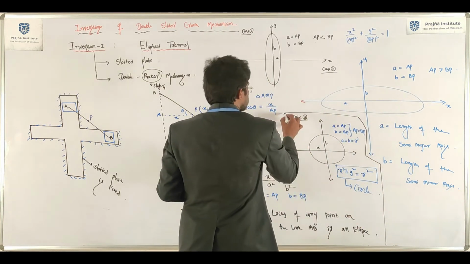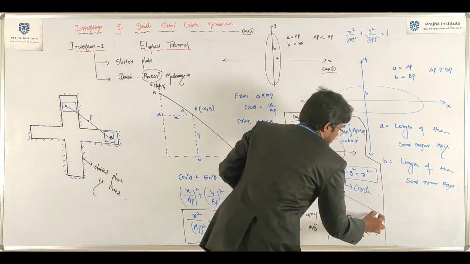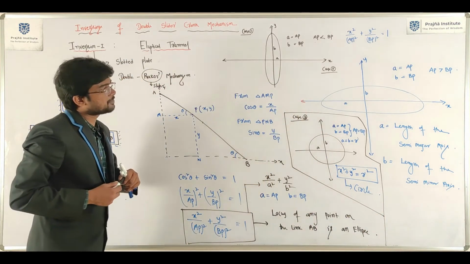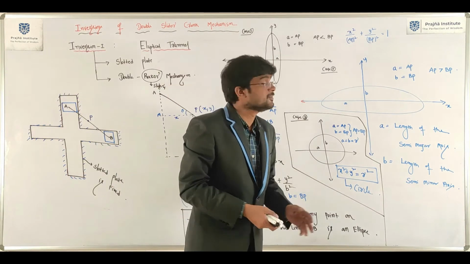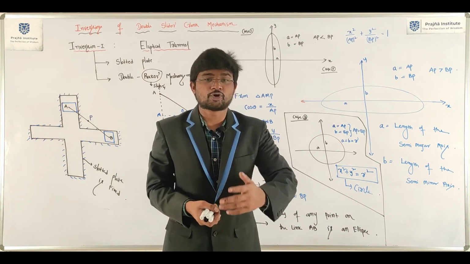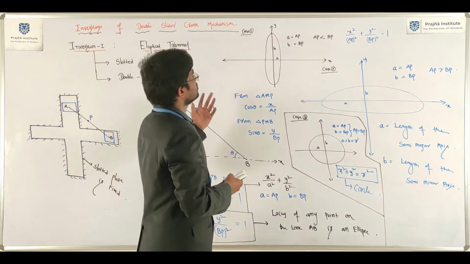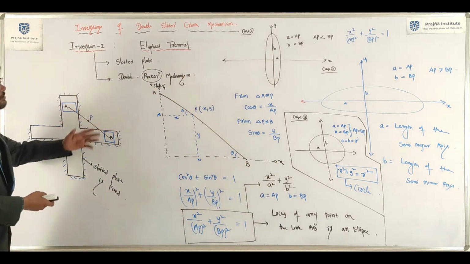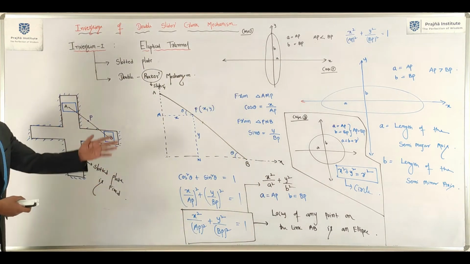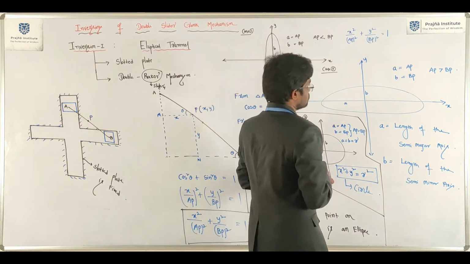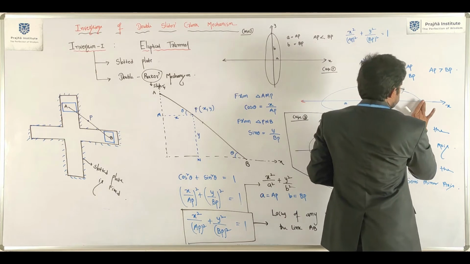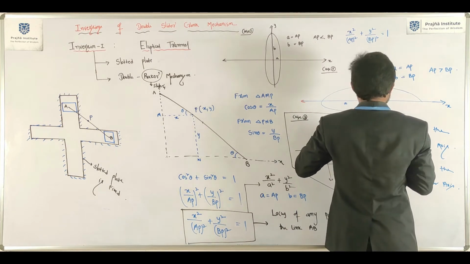This is the beauty of the elliptical trammel. But you people are not using it. I think you never ever used the elliptical trammel in the drawing lab. Just see this, by using the elliptical trammel you can happily draw the ellipse, this kind and this kind.